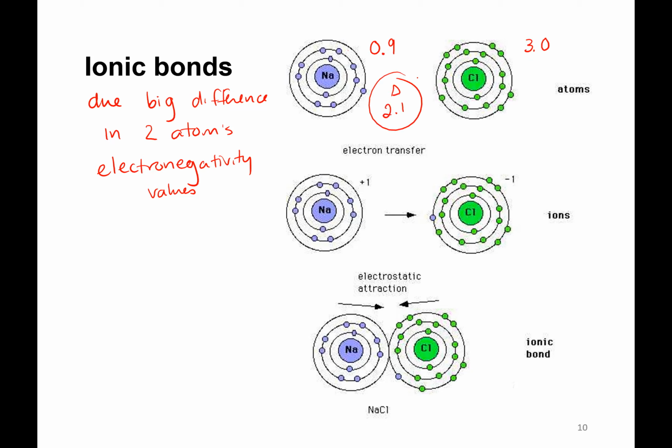Anything greater than that 1.8 or 2. So that means that chlorine has such a high electronegativity value that it actually steals an electron, electron transfer. So you can see sodium's purple electron is going over there to chlorine. Chlorine now has an extra electron, and so it has a -1 charge. And we write it as Cl-.